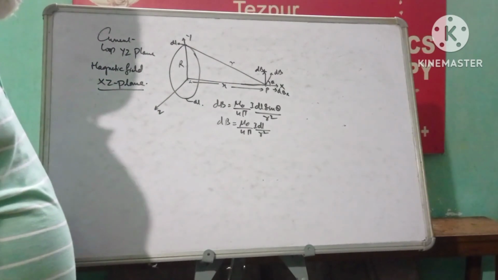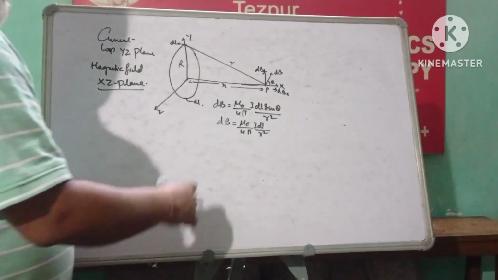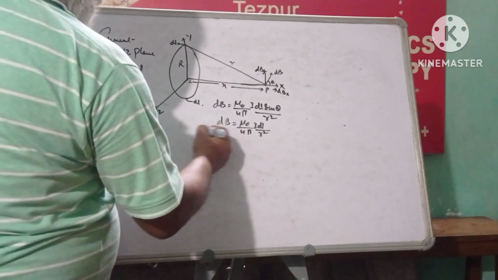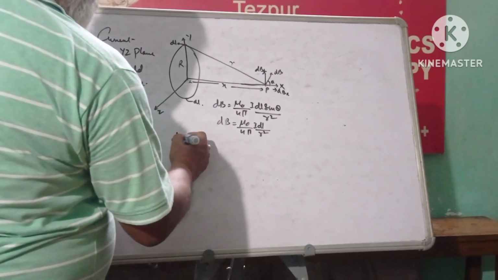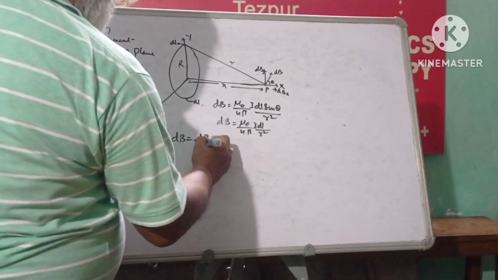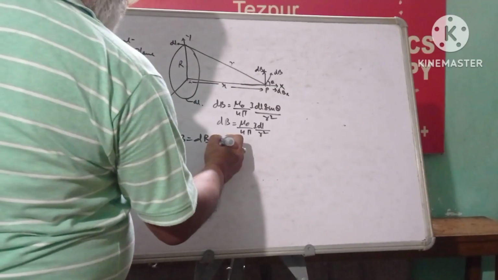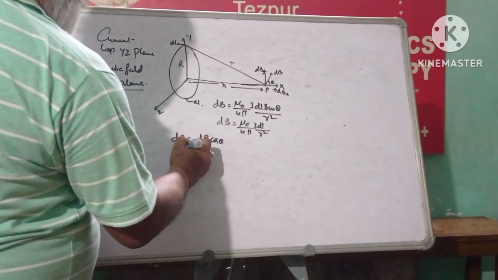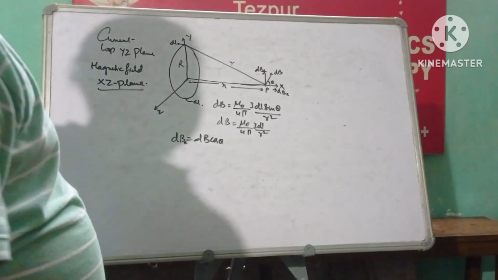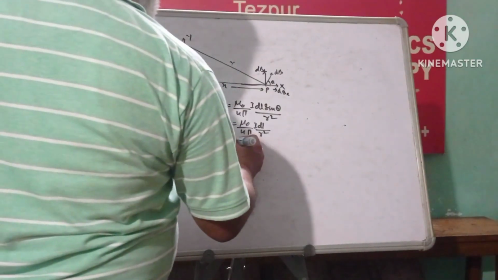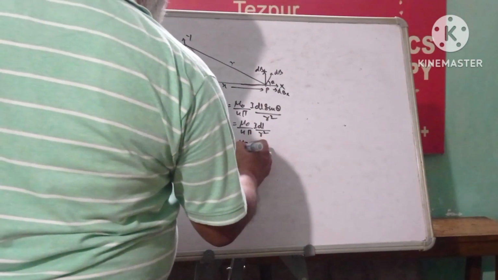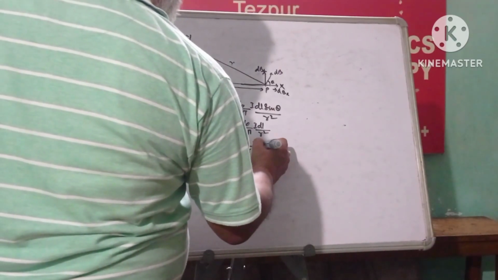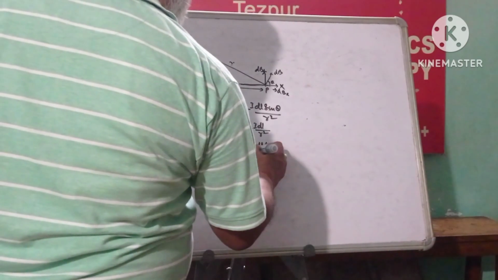Now, because the magnetic field will be along the x-axis, your dB x will be equal to dB cos theta. So this comes out to be mu naught by 4 pi, I dl cos theta by r square.